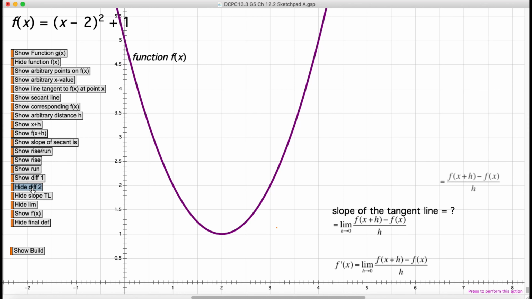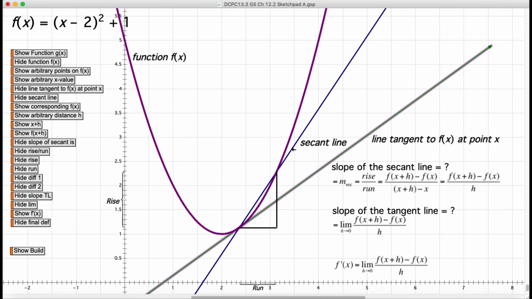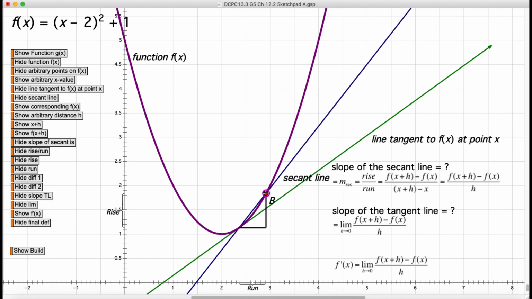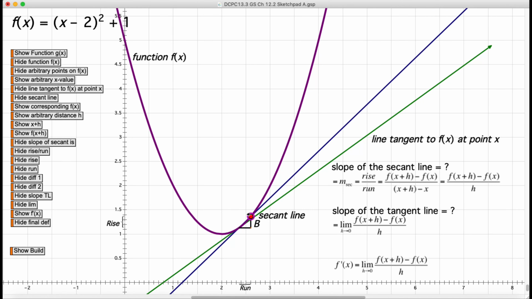It's the same thing as the slope of our tangent line, because remember, we were taking that secant line and we were taking our tangent line and we were letting that second point get closer and closer and closer. So we were letting that distance in the run get smaller and smaller and smaller.